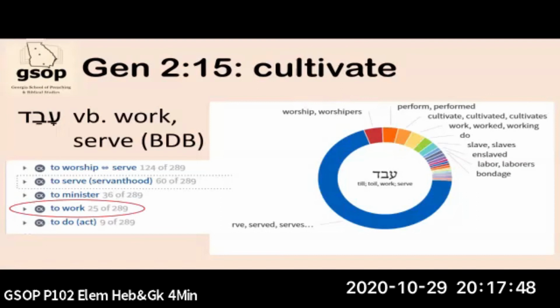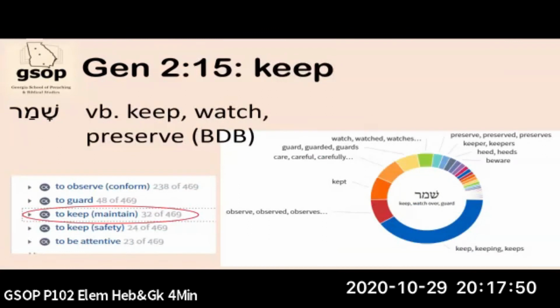All right, and so then the second word is to keep, that is to watch or to preserve, according to BDB, the word shamar, and you can see it's most often in the blue in the graph translated to keep or keeping or keeps, sometimes to observe, sometimes kept or guard or guarded or careful or watch or watches. So various translations.